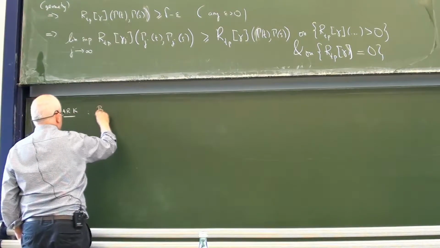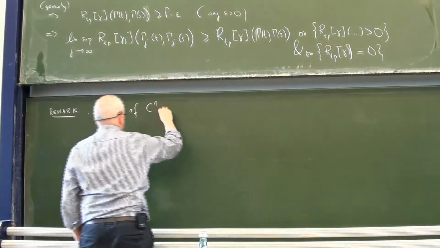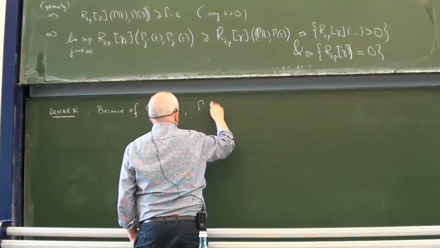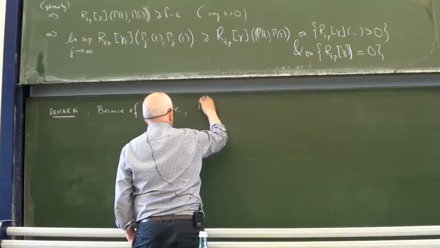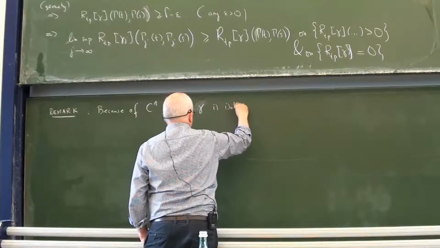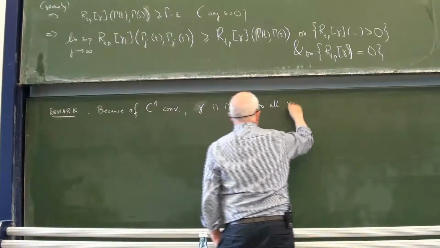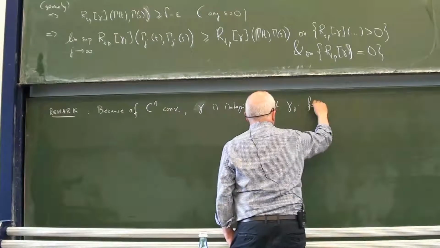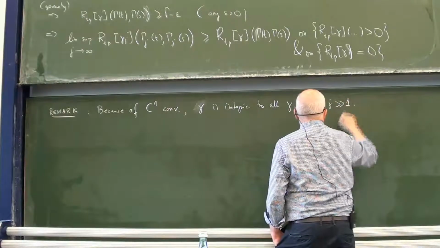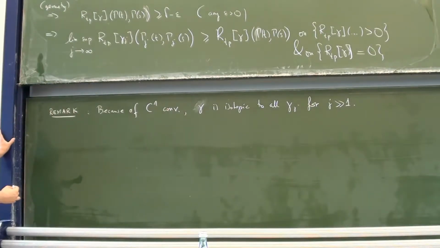And the remark would be, because of the C1 convergence, little gamma is isotopic to all gamma j for j sufficiently large. So the knot class is also preserved in the limit.